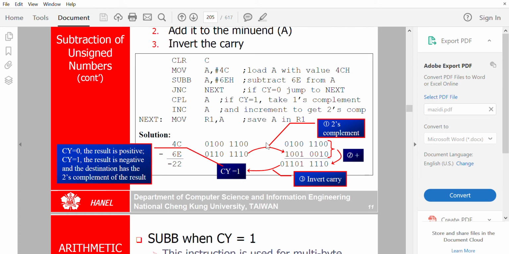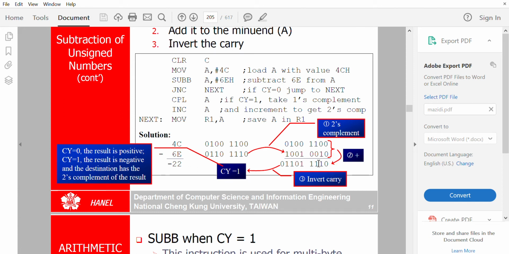Then you are taking the 2's complement, that is, take the 1's complement and then add 1 to this subtrahend, so that you get this, and you add it to the minuend, the content of the accumulator, which is 4C, plus the 2's complement of 6C.